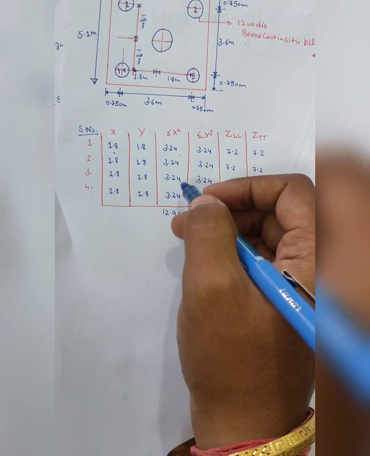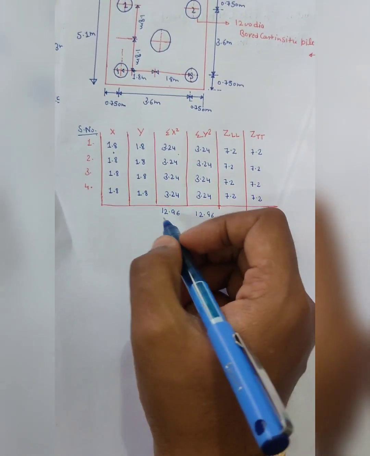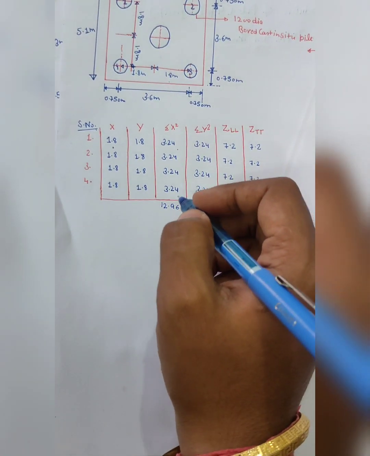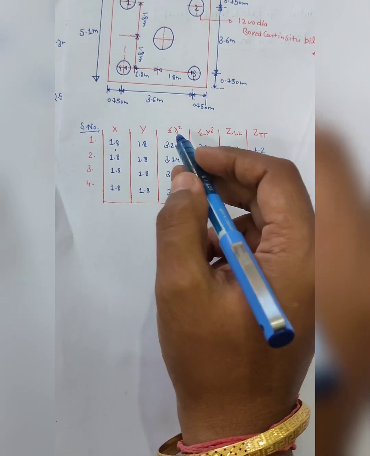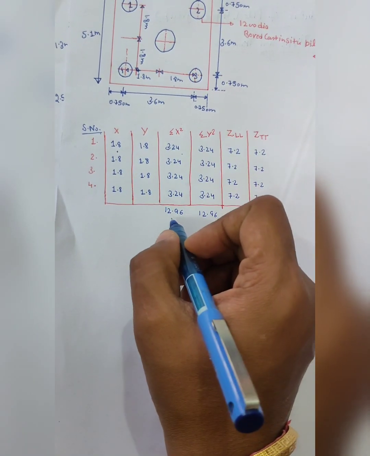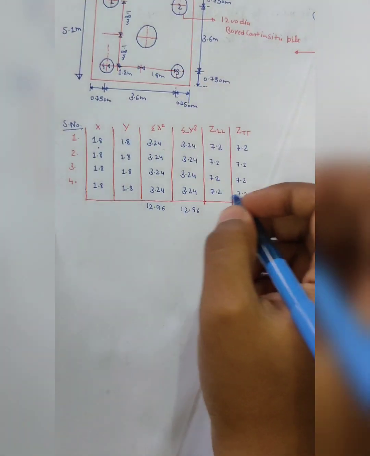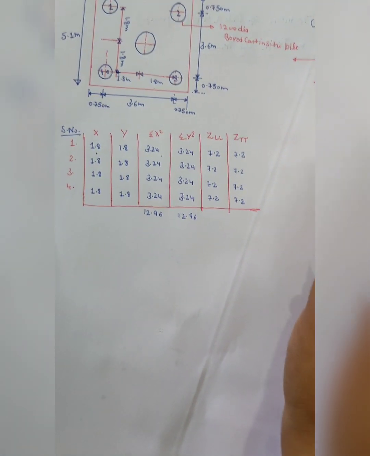Similarly for pile 2, pile 3 and pile 4. After that we sum the x squares of all 4 piles. So here we get 12.96, and the same in the y direction, 12.96.